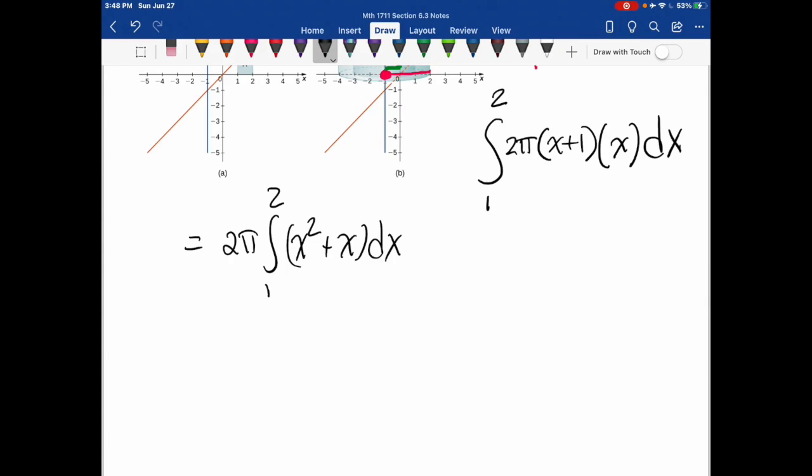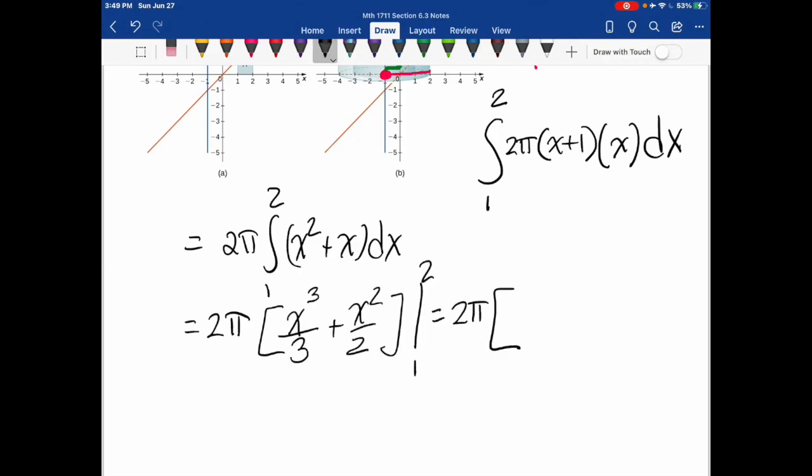And when I multiply x times x plus 1, that's going to give me x squared plus x dx. And now when I find the antiderivative, that gives me x to the third over 3 plus x squared over 2, and we're going to evaluate that from 1 to 2. When I plug in 2, I'm going to get 8/3 plus 4/2, which is 2.